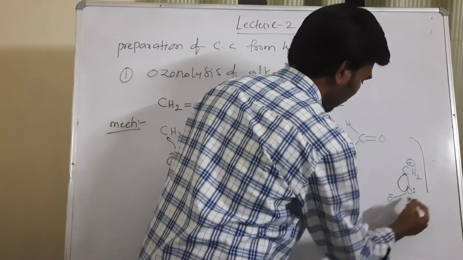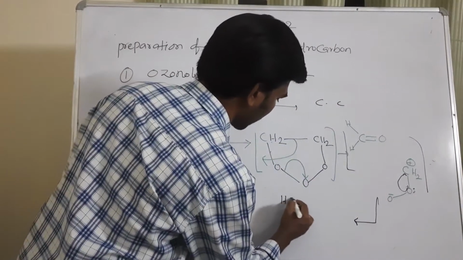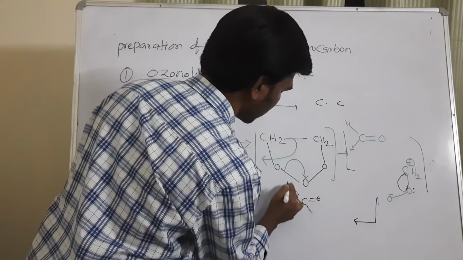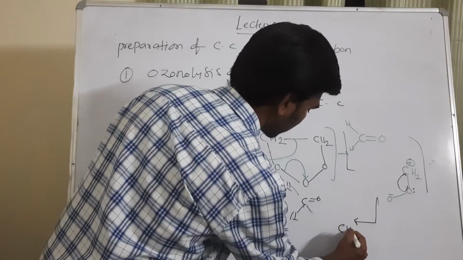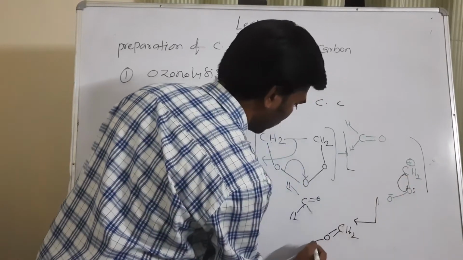From these two, I am taking one more structure here, that is HC double bond O, H. After this, I am taking CH2 double bond O and O minus.